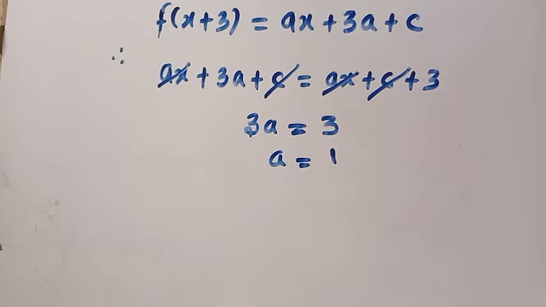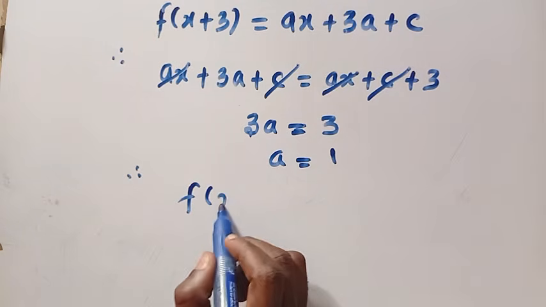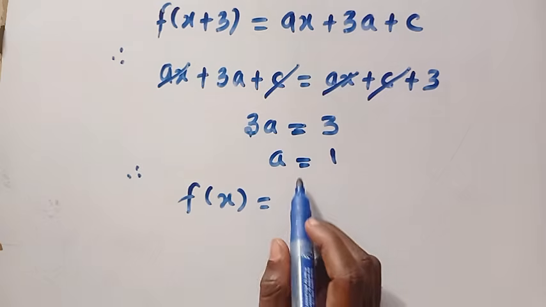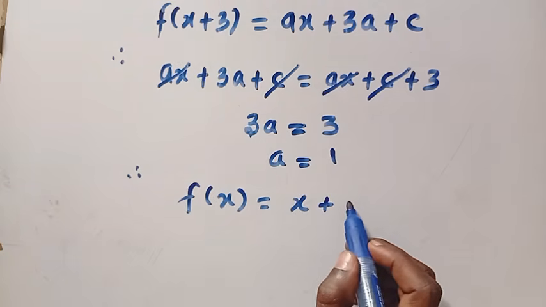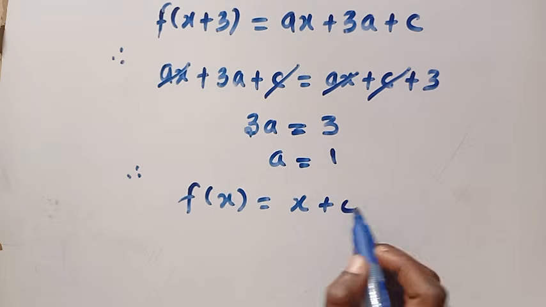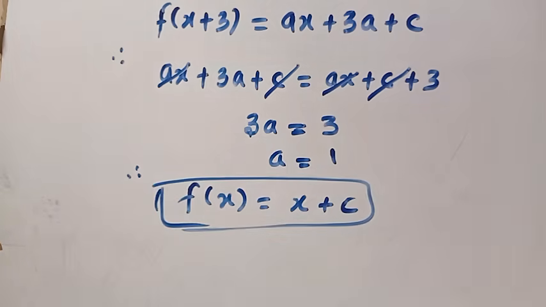Since a = 1, f(x) = x + c. This is assumed to be the solution to this problem, but we have to put in a quick check that it satisfies the given functions.